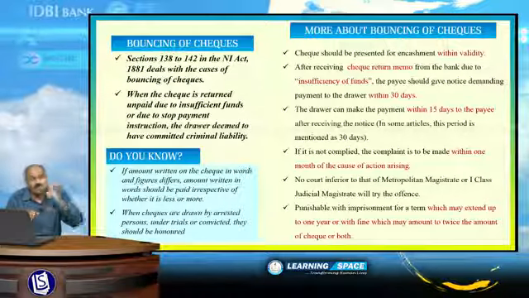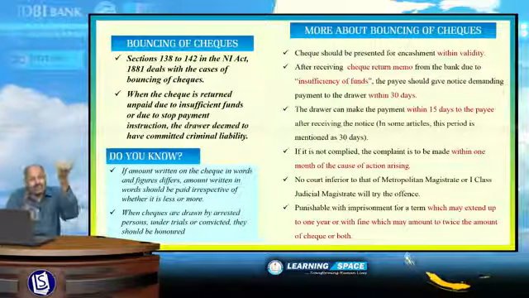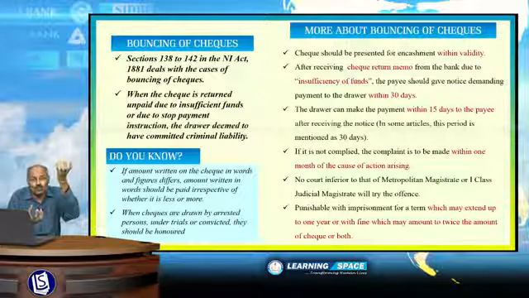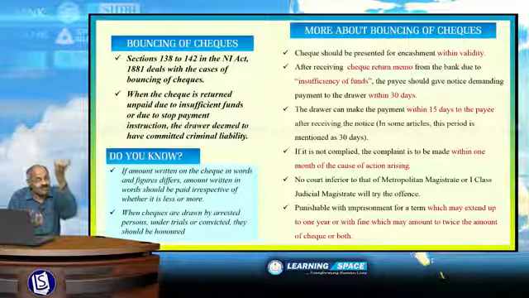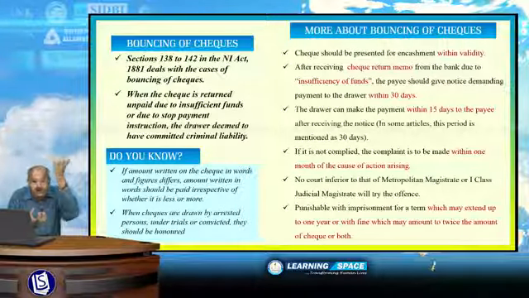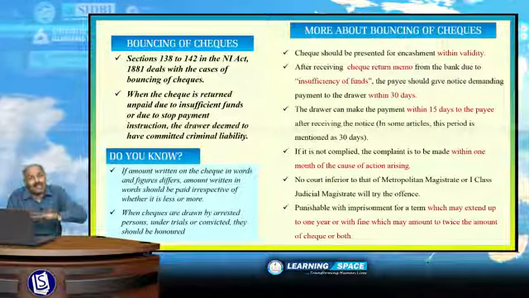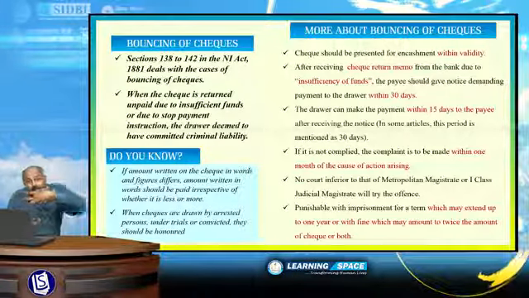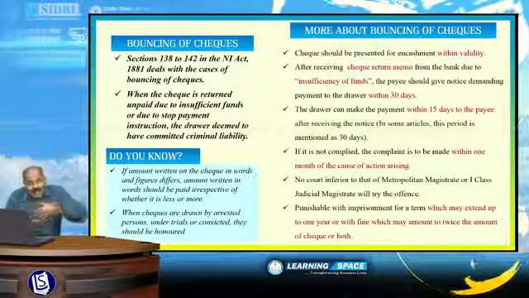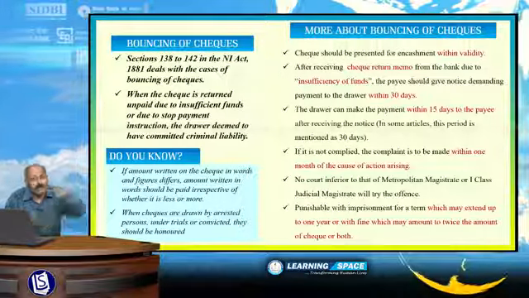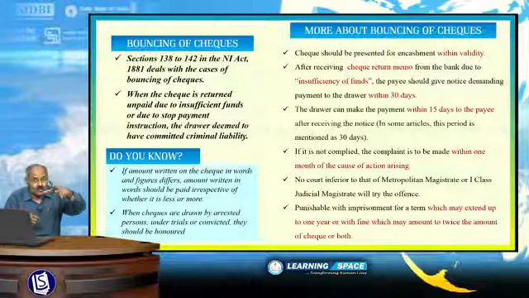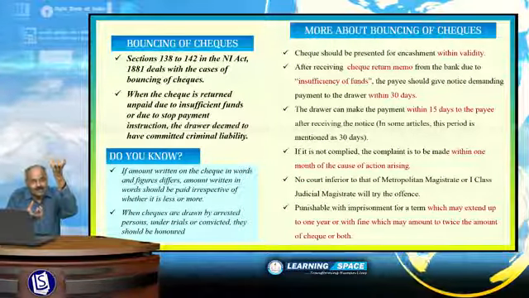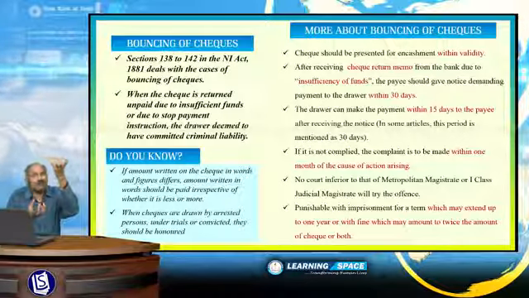And the second thing is, when the check is dishonored, then a check return memo will be issued to that person. That means X has given check to Y. If check is dishonored by the bank, then Y will get a check return memo. After receiving the check return memo, Y has to write to X demanding payment.